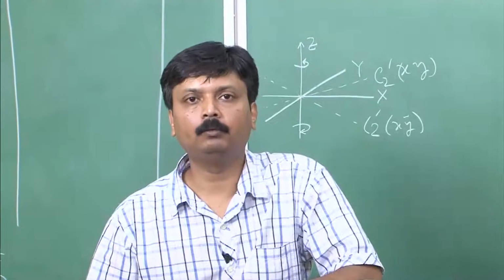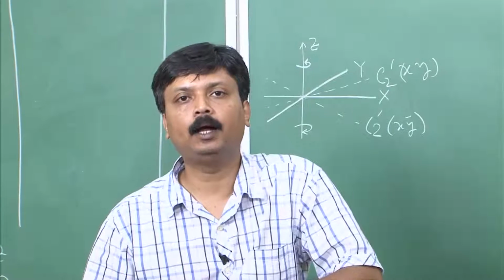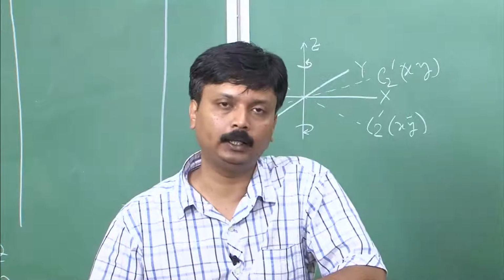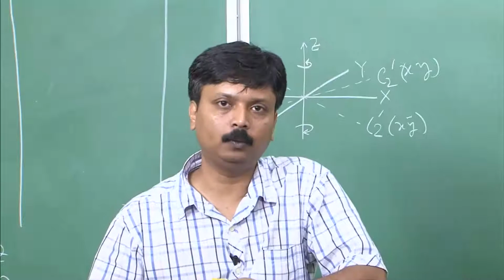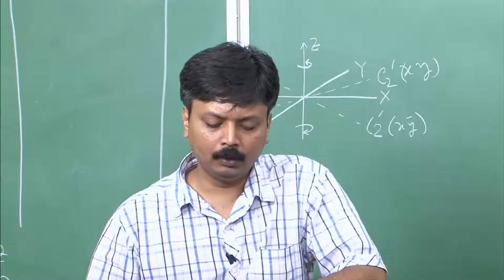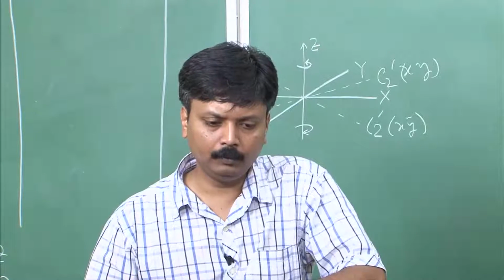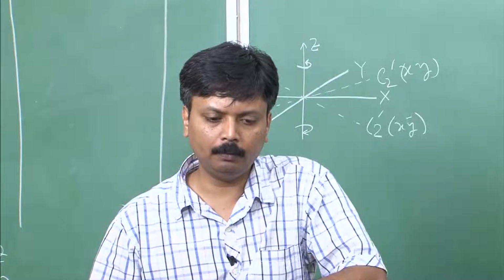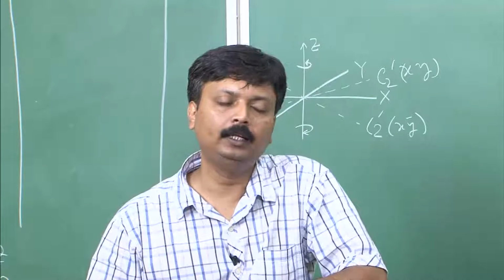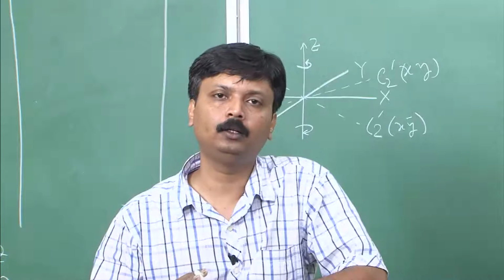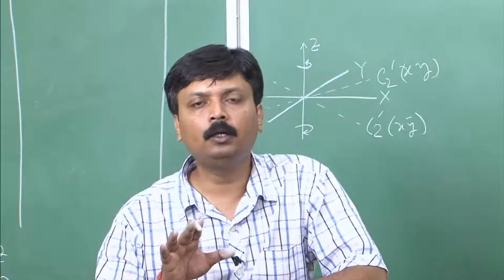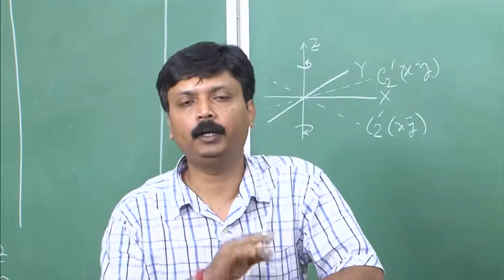For example, like z square or x square plus y square or x square minus y square or xz, xy, yz. So you can probably easily see that these functions are related to the wave function of d orbital.